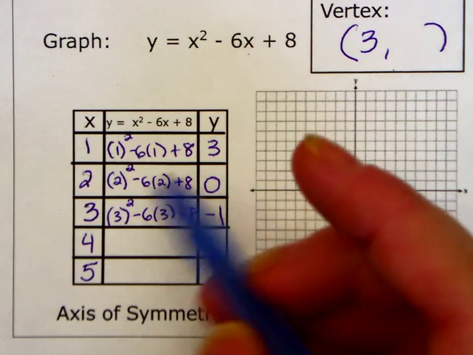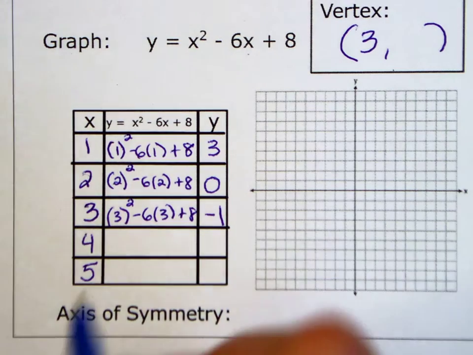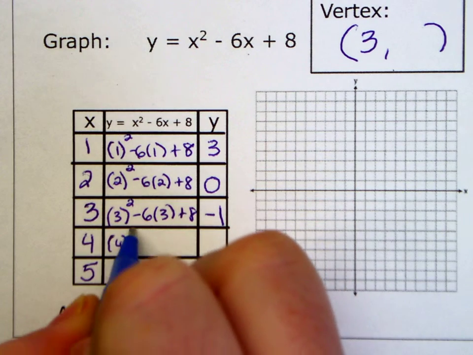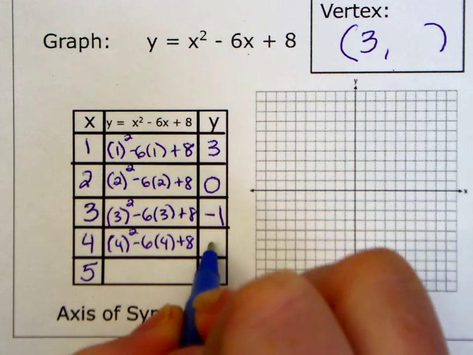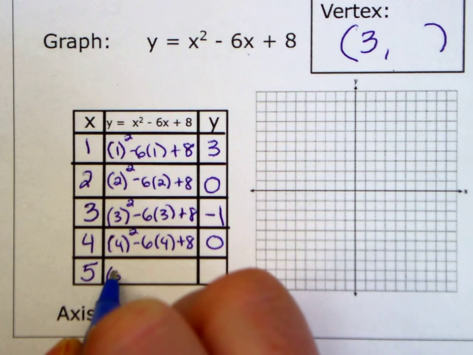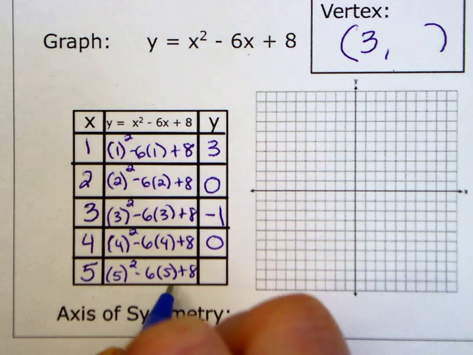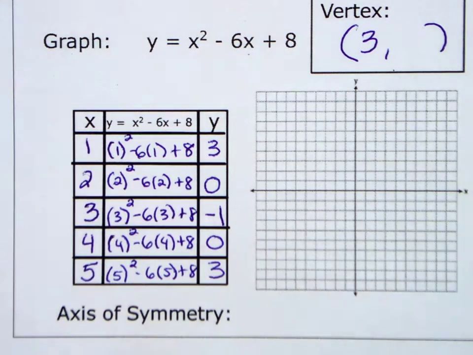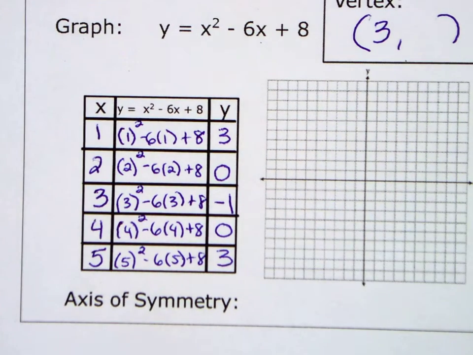I'm just figuring this out in my head because I'm awesome like that, but you can just put it in the calculator. 4 squared minus 6 times 4 plus 8 is 0. And 5 squared minus 6 times 5 plus 8 is 3. Now, how do I know I'm right? There's actually a way of telling that you're correct.